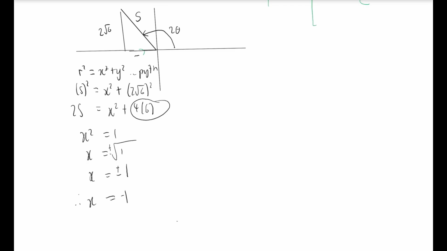And so now here we have -1. Now what am I going to do? I'm going to use the double angle formula for cos. Remember that cos has three forms. You have cos 2 theta equals 2 cos squared theta minus 1.